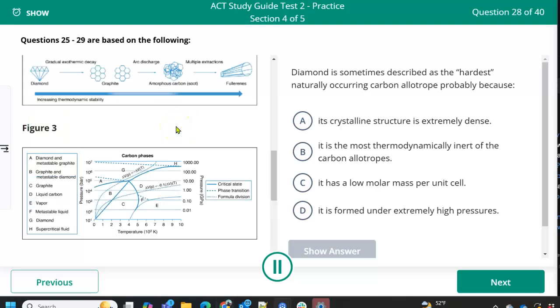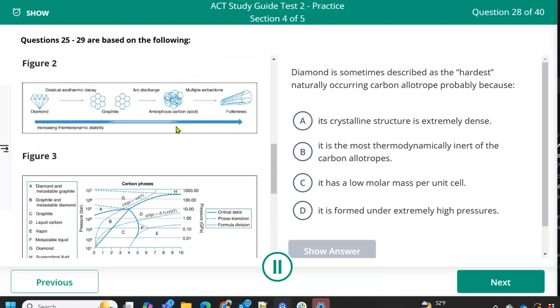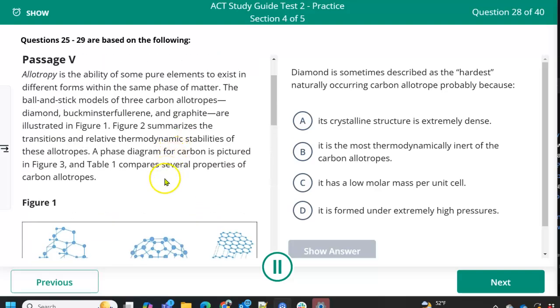Diamond is sometimes described as the hardest naturally occurring carbon allotrope, probably because, let's see, crystalline structure is extremely dense, maybe. Most thermodynamically inert of all the carbon allotropes. I don't even remember seeing anything about that in here. Oh, wait a minute.